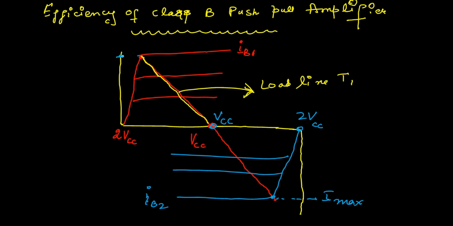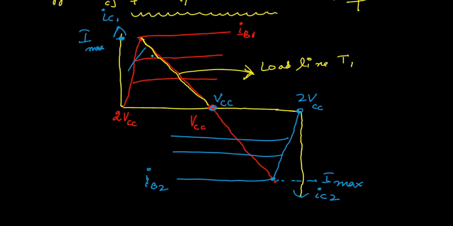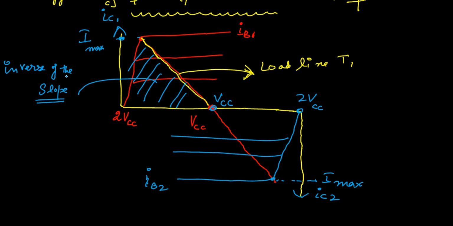The I max. Here we find the slope. Slope is perpendicular over base, and we take the inverse of it.